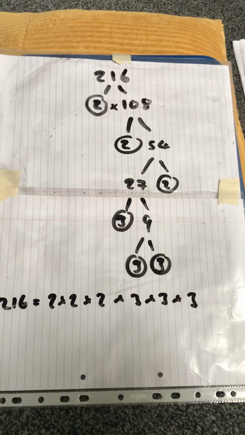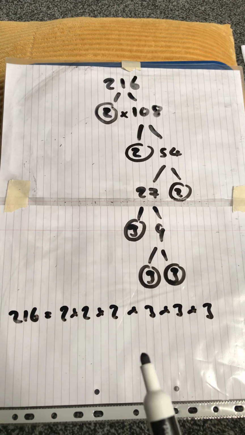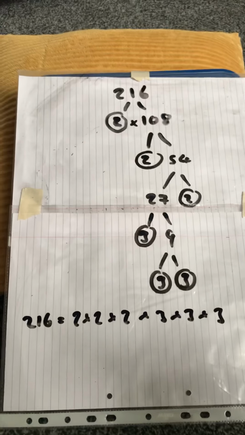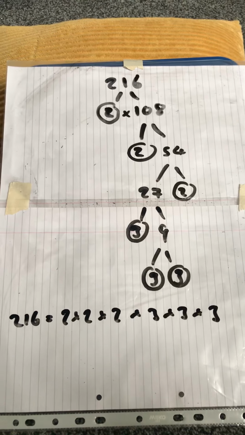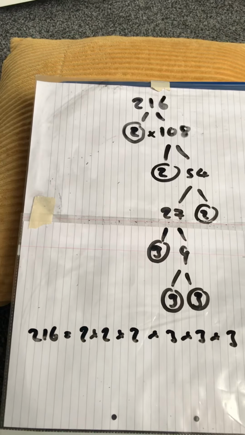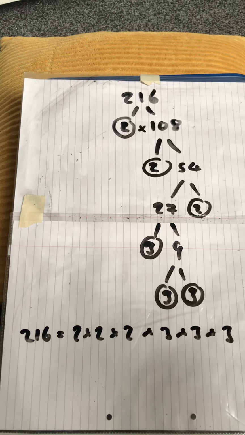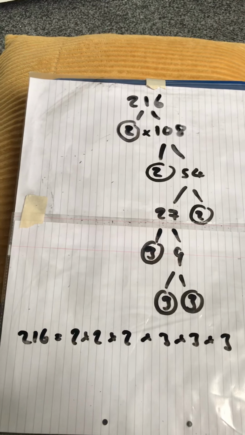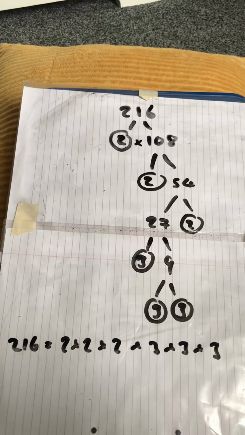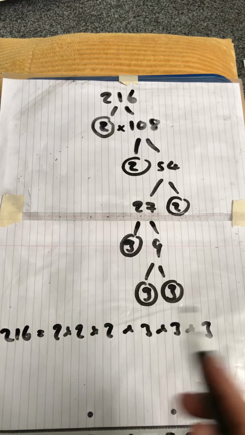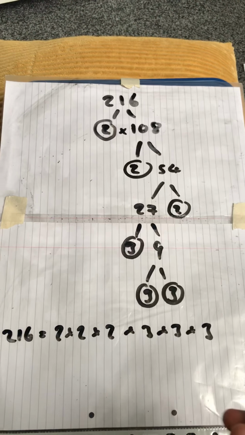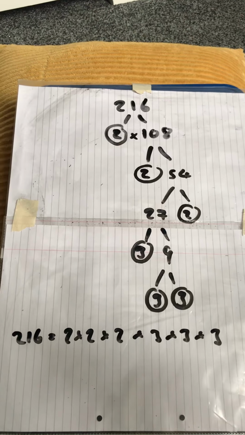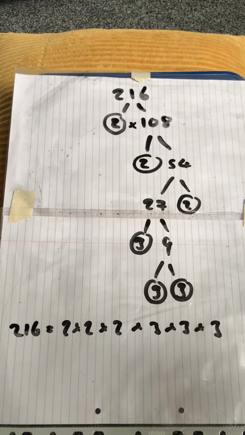Now, the second part of what you're going to be asked to do is decide on whether numbers are square numbers or whether numbers are cube numbers or neither. So if a number is a square number, it's got to have a square root. It's got to have two identical numbers that multiply together to make it. So if you can split these into two identical groups, then you know that 216 is going to be a square number.